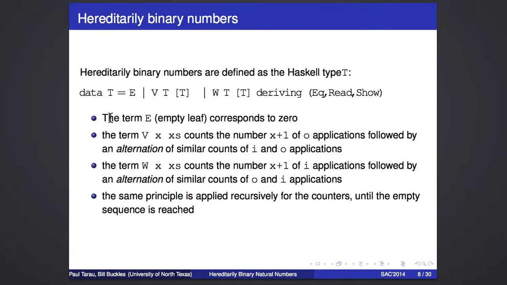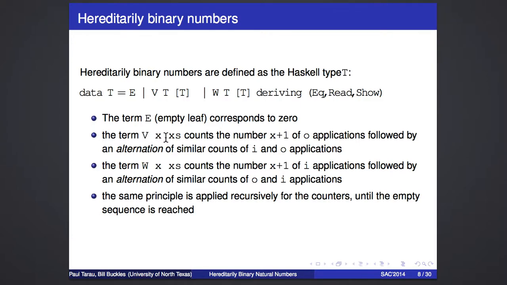So if we go over this again, the term E, which would be an empty list of this tree representation, the data T represents trees that are colored with the constructors V and W and having leaves of type E. The term E corresponds to 0.